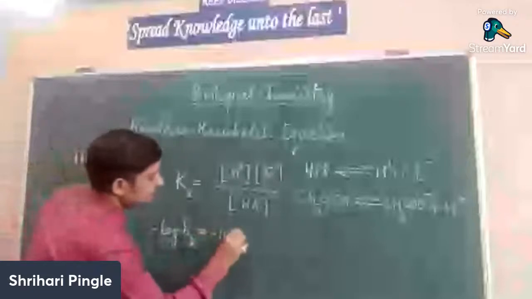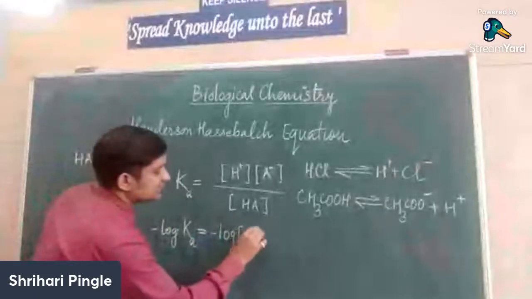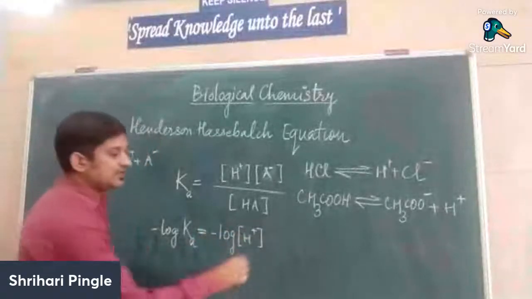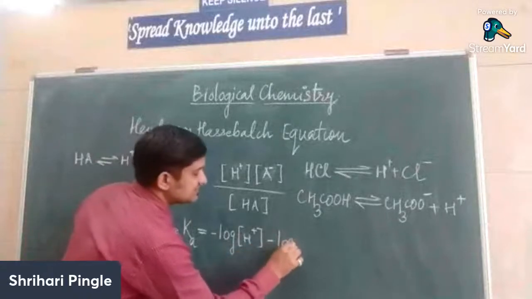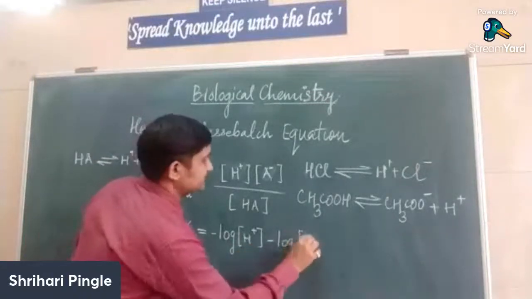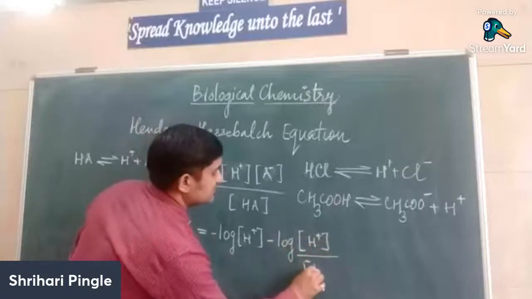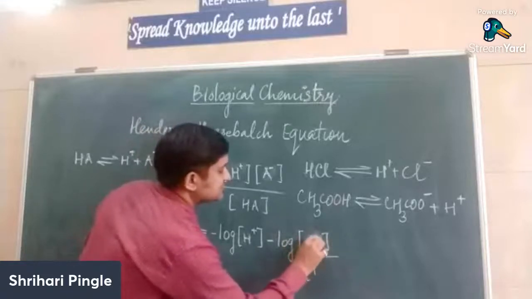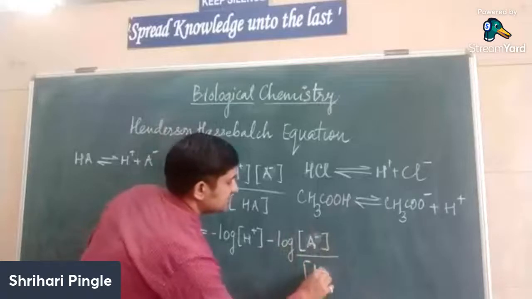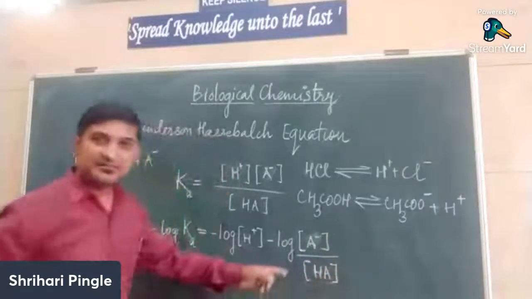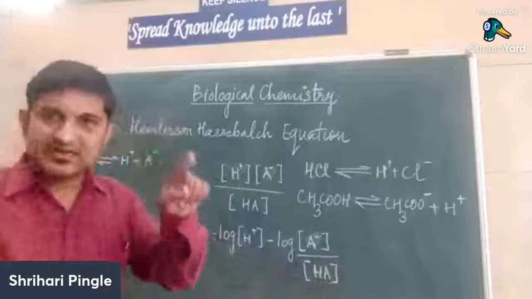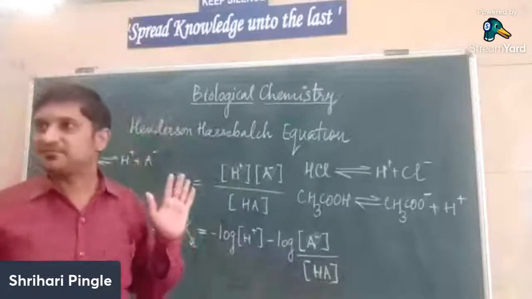Negative log H plus ion concentration and minus log A minus upon HA. Whenever I am writing something in the bracket, that means concentration, right?